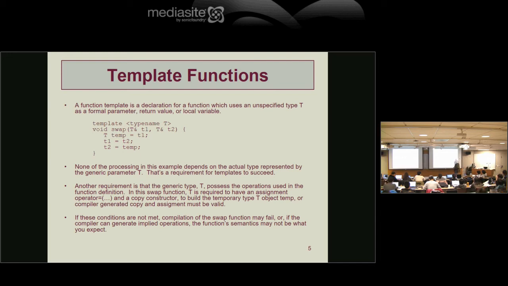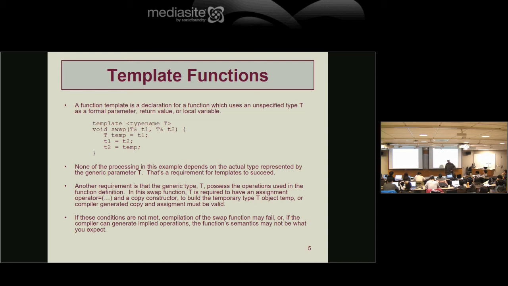So, here's another function, and this function is swap. What it's doing here is, whatever the types are, it creates a temporary of argument T1, it assigns T2 to T1, and then it assigns temp to T2. So this works as long as those operations are defined.